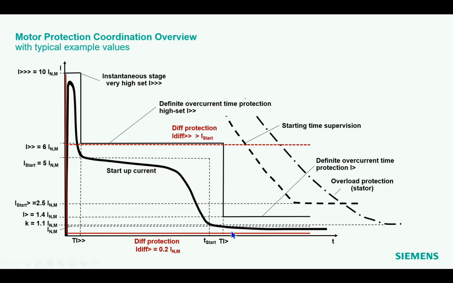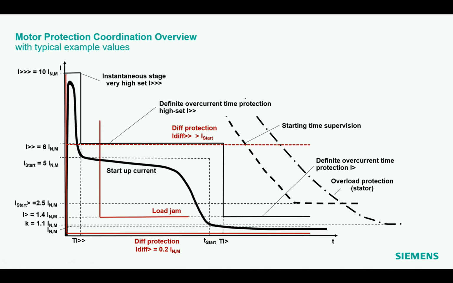So you see here our standard value of 0.2 times nominal current, which is the classical value for a differential protection here. And then the load jam protection, you see this has a relatively short tripping time, and this would definitely interfere with the startup procedure. Therefore, this can be activated only, and it's activated by the relay when the motor is running. So we detect when the motor is starting and when the motor is running with our relay.